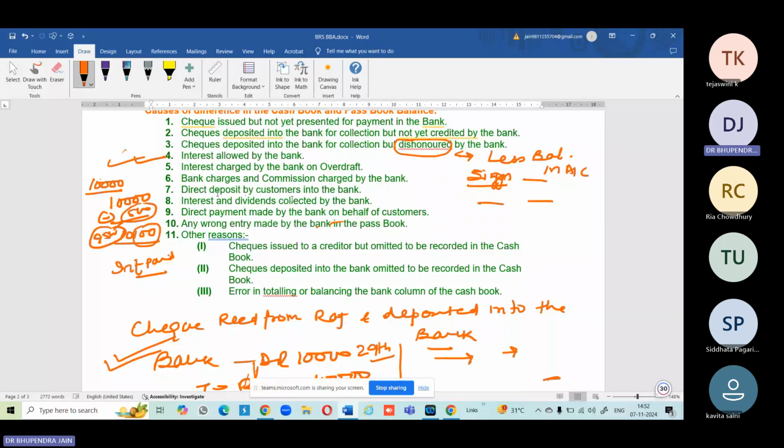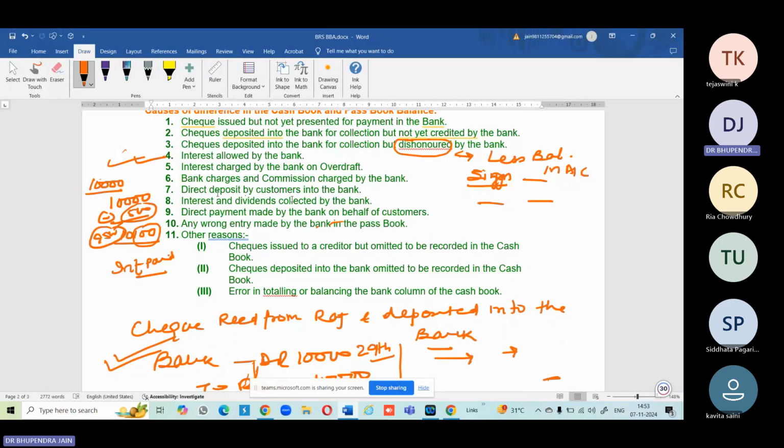In that case, you now need to increase your balance, but your balance is less in comparison to the bank. So due to this reason, your balance is mismatched. At the time of preparation of the bank reconciliation statement, you have to show the reason behind the mismatch between the balance as per cash book and the balance as per passbook.